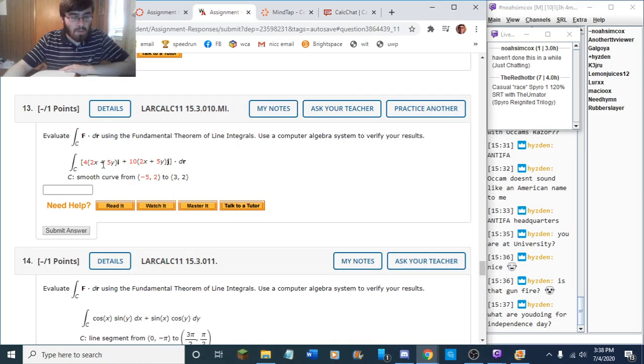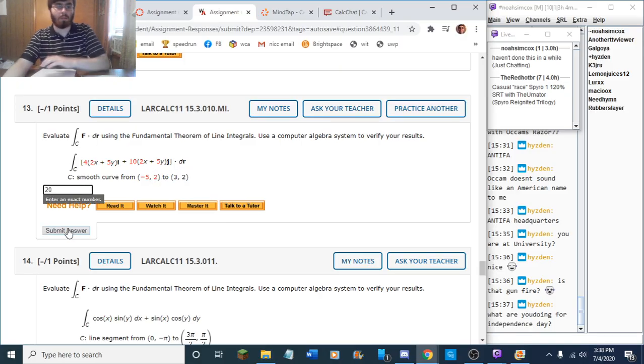So basically you have this with respect to y and this with respect to x. So you have 5 times 4 is 20. So it should be 20 for both. 5, 2 times 10 is 20. Yep, they're both 20. And then you plug in the numbers, but you don't even have any variables. So the answer is 20.